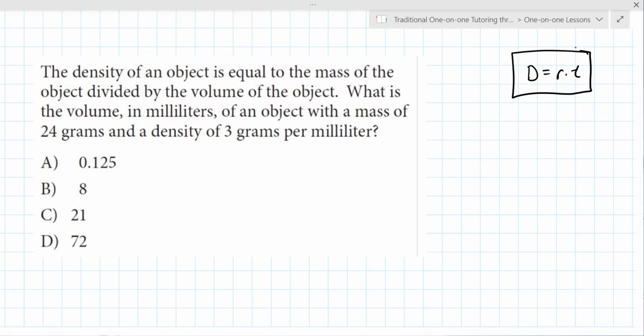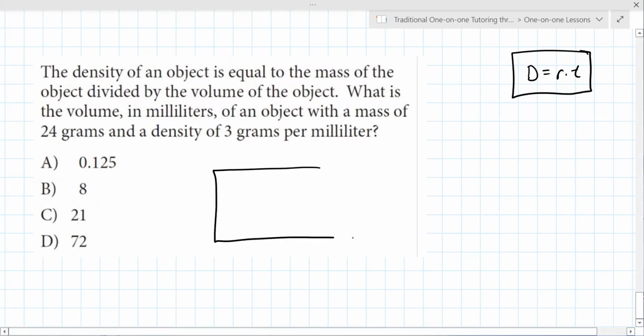Okay, so go ahead and take a look at this one. See if you can come up with the equation. Let me know the equation, and then we'll see if we can work the problem out from there.